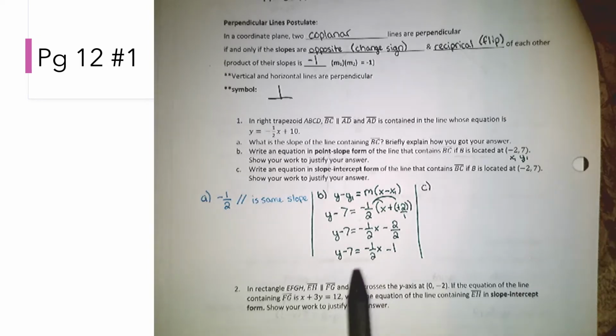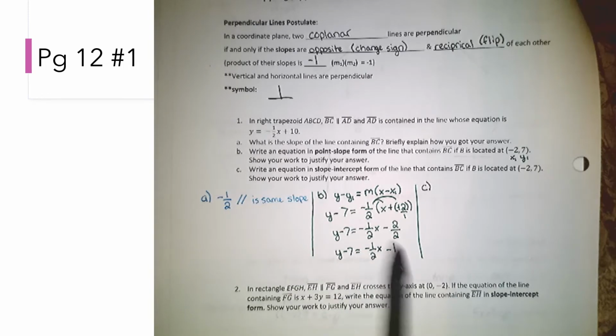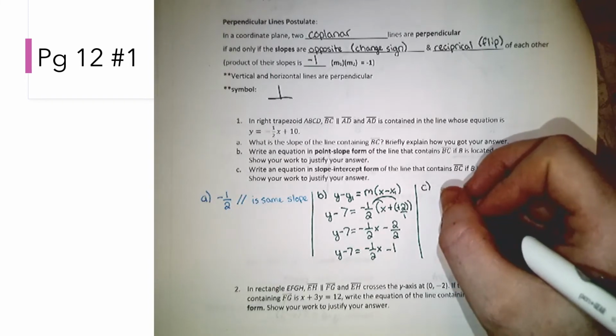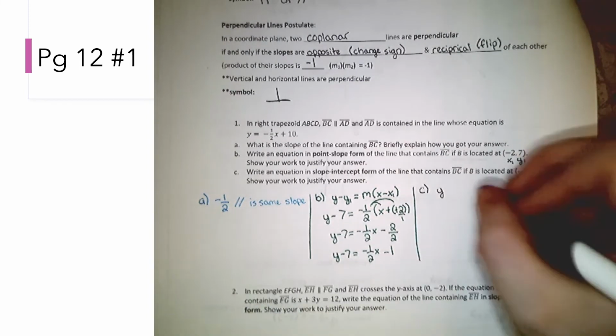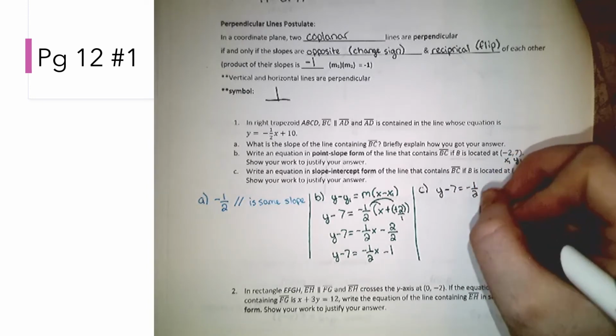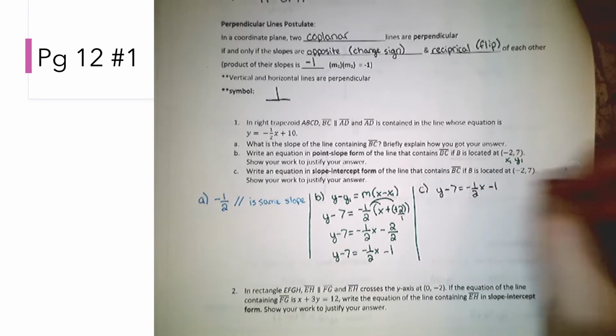So really, what we can do is just continue what we did in point slope form and just turn it into y equals mx plus b, which is the slope-intercept form. So I'm just going to rewrite what I have written here, y minus 7 equals negative 1/2 x minus 1.